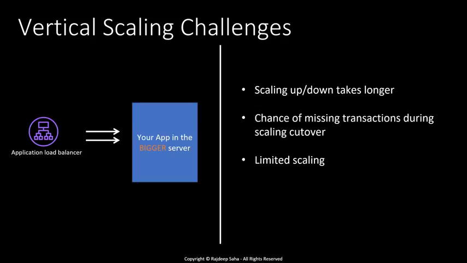Servers only come up to certain CPUs and certain memory. You cannot keep on adding RAM and CPU to the server. So for a massively scalable distributed system, vertical scaling is not ideal. Vertical scaling is also expensive.